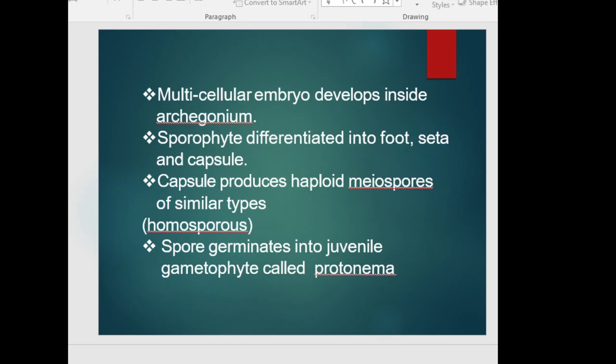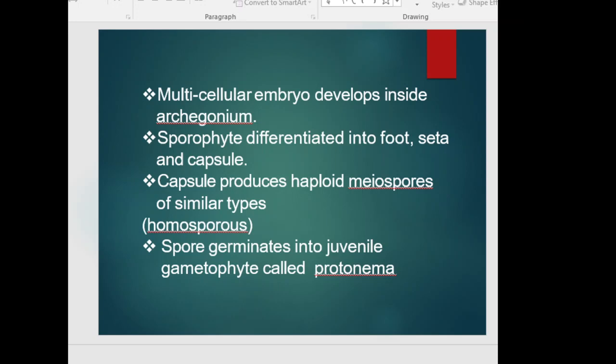Further, the sporophyte is differentiated into the foot, seta and capsule. The foot is basically for anchoring and nutrition, the seta is for conduction, and the capsule contains the spores and elaters. Elaters are for the dehiscence of the capsule.